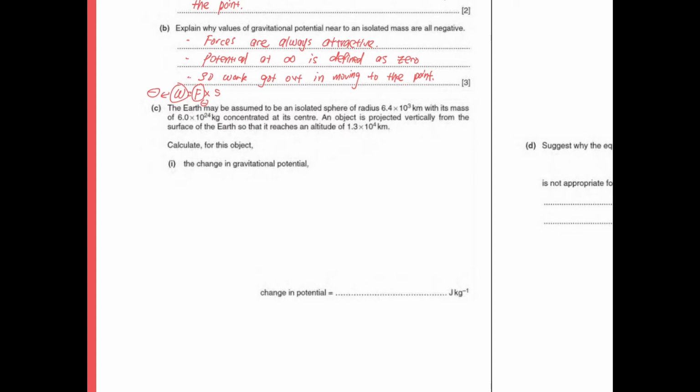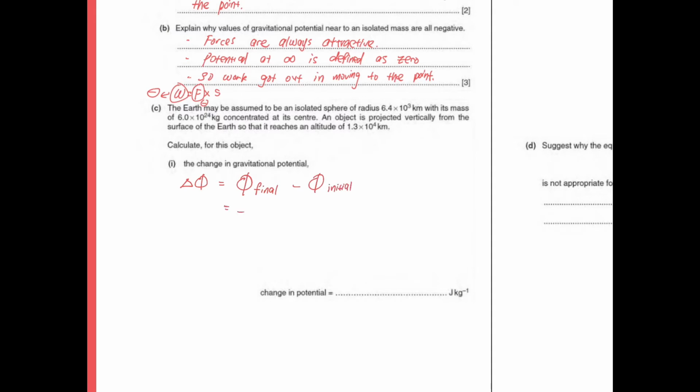Okay, so change in gravitational potential, the formula is: change in gravitational potential is equal to final phi minus initial phi.